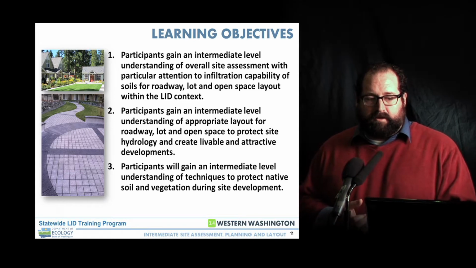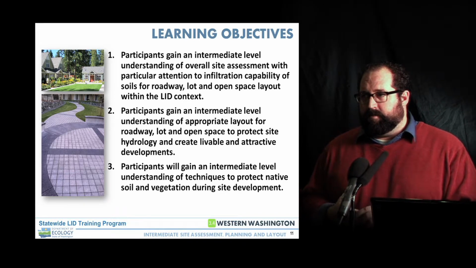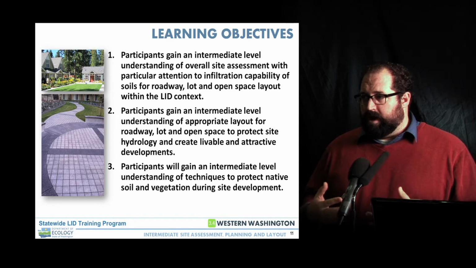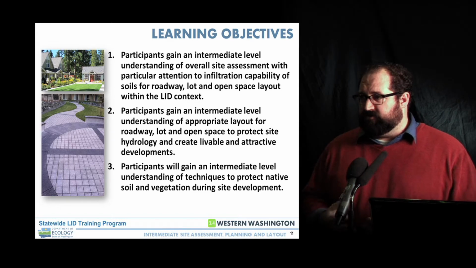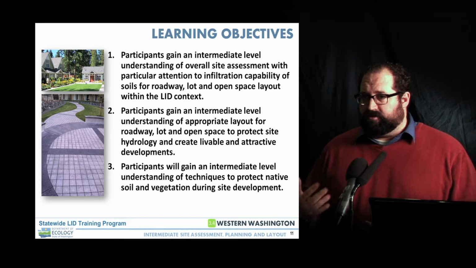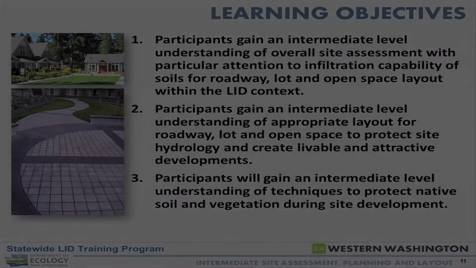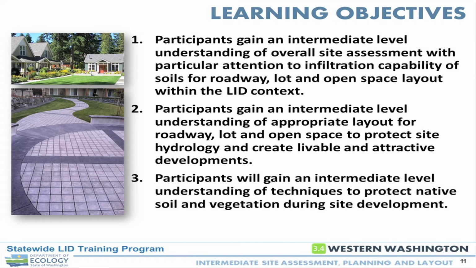So that's going to talk about looking at sites, looking at soils for areas where we would potentially protect and enhance native vegetation in soils, look at site infiltration, look at some of the strategies to protect trees, place buildings, place roadways, look at how to route utilities. The idea of being able to look at a site and identify opportunities and constraints, and then be able to actually make some decisions to do site design in that way. If you want to know more and you're really interested in this, there is going to be an advanced class of this topic as well.